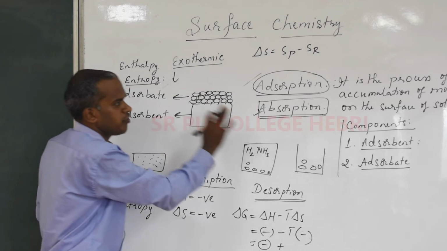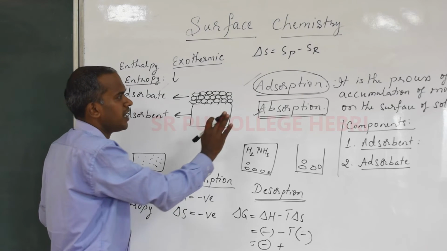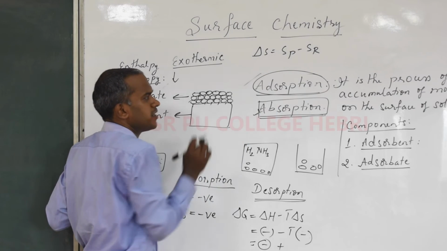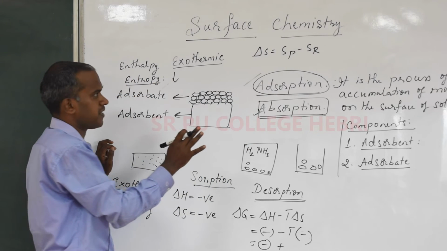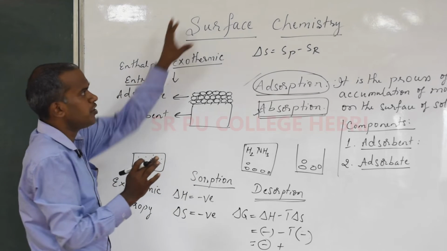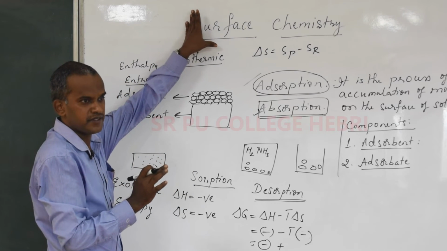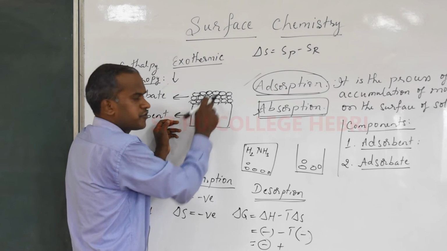Whatever I told you till now is all basics, all fundamentals. I didn't go into detail on the different types of adsorption, but just to recollect before we go to the types in detail: I told you what surface chemistry is, the phenomenon which happens at the interface of two phases.